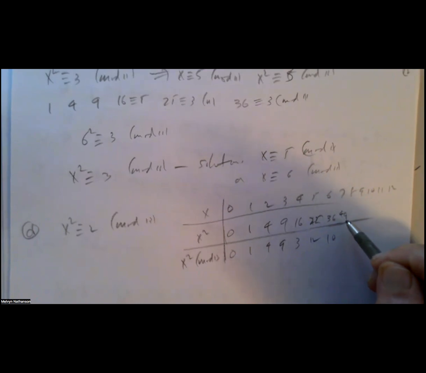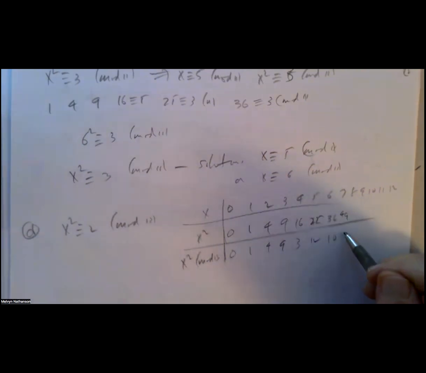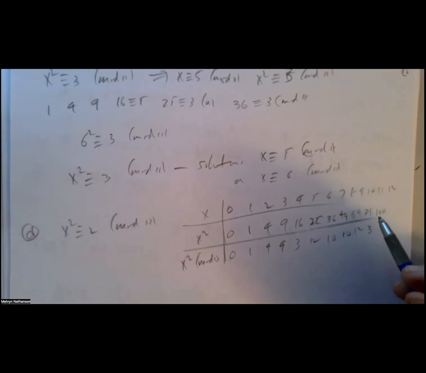7 squared is 49, mod 13 is also 10. 39 plus 10. Yeah. 8 squared is 64, minus 13 times 4 is 12. 9 squared is 81. Mod 13, let's see, 6 times 13 is 78, so that's 3. 10 squared is 100.